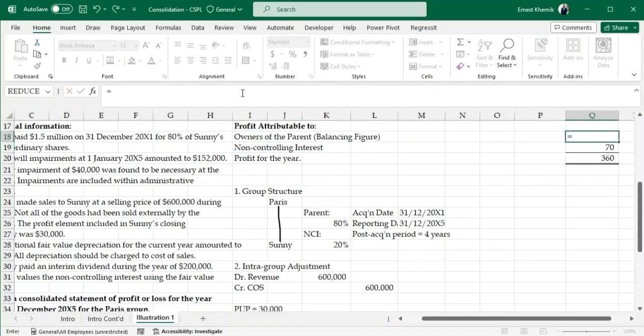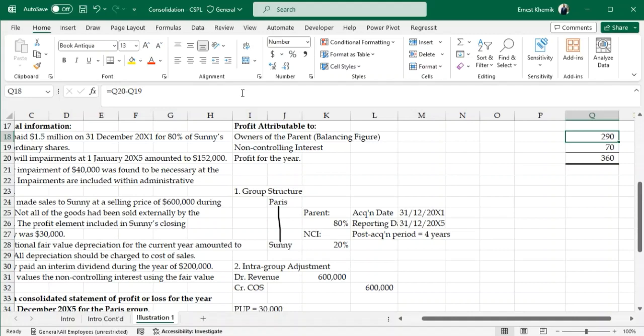And how do we get that? We are going to pick the total profit for the year, and then we'll subtract the non-controlling interest element, and that gives us the owner's profit for the period. All right, so this is how we prepare the consolidated statement of profit or loss.